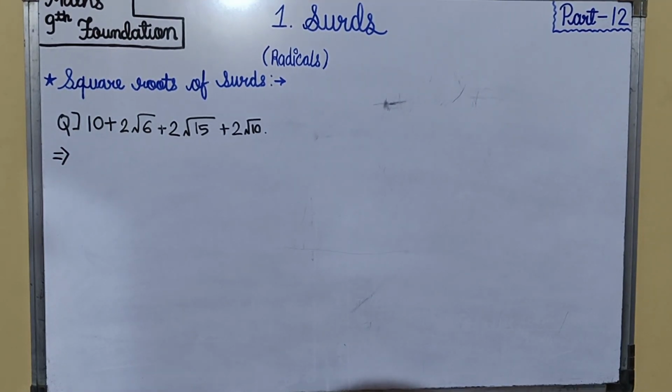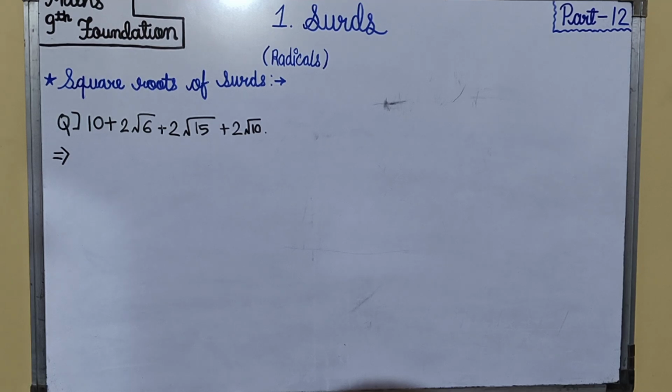Today we are going to learn class 9th foundation subject mathematics, and this is our chapter number 1, surds, and part number 12 of the topic square roots of surds.